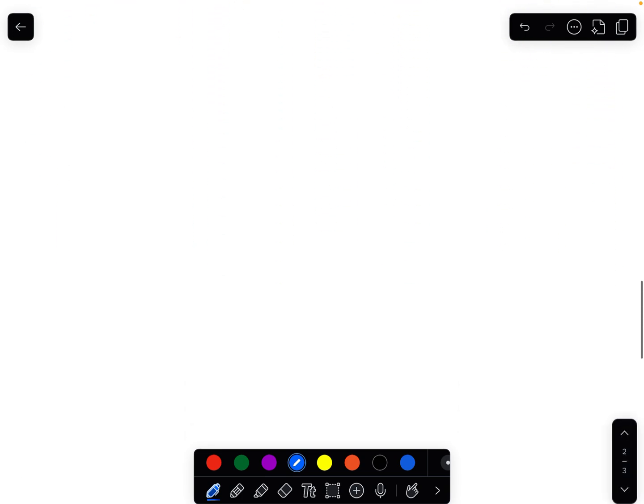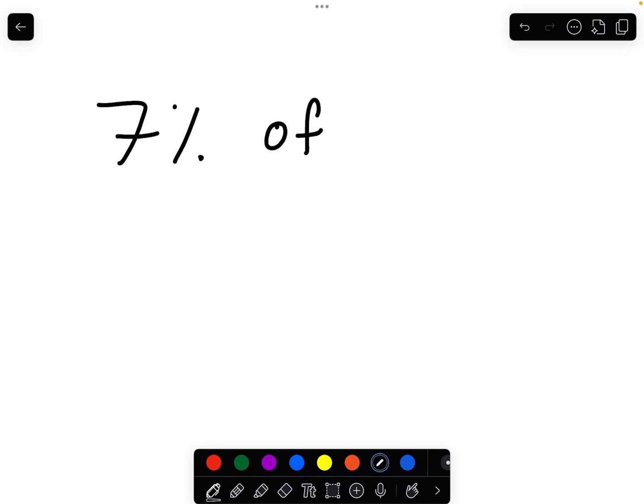Okay, let's do one more just for kicks. Let's do 7% of 20. What is 7% of 20? Again, use any method you want.